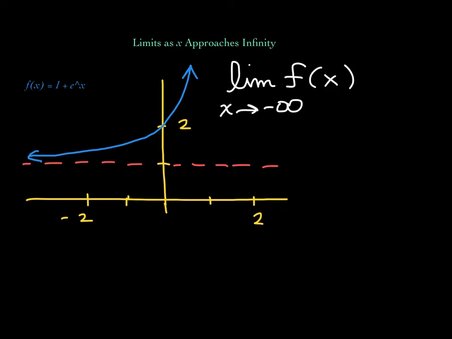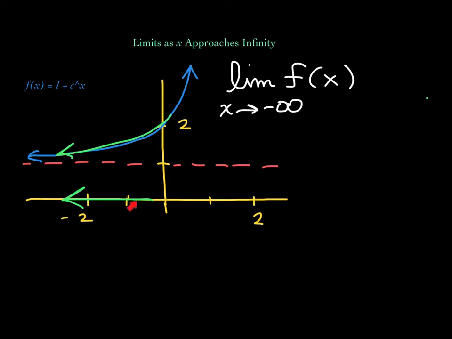As x values get infinitely small, the function values are getting closer and closer to this horizontal asymptote, y equal to 1.